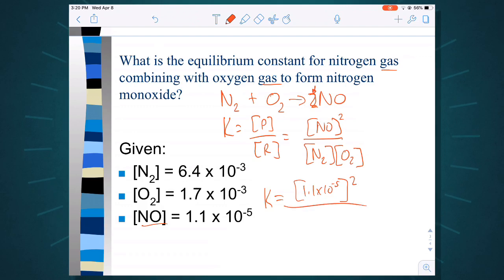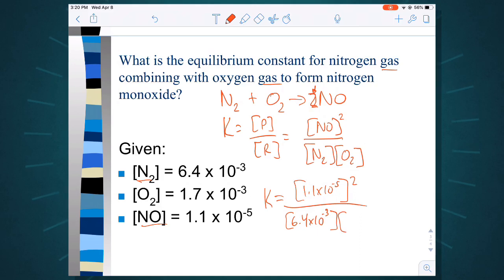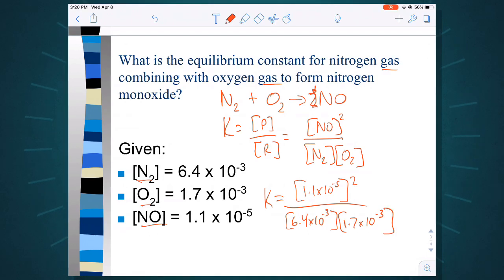And then this will be over the nitrogen, so nitrogen is here, and this is going to be 6.4 times 10 to the negative 3. And then the oxygen is here, so 1.7 times 10 to the negative 3.